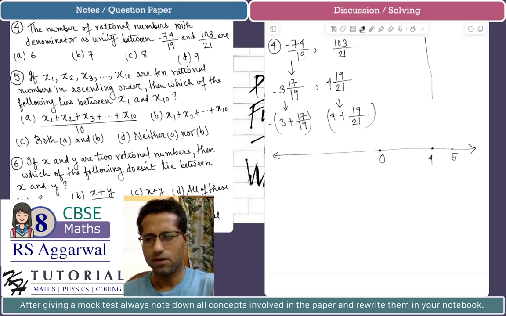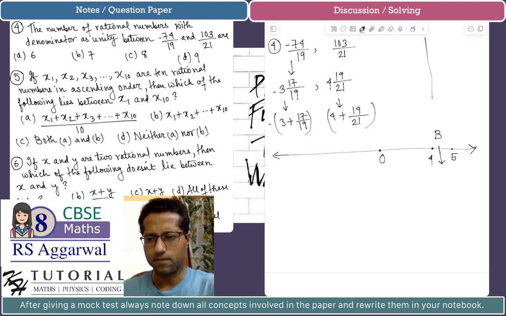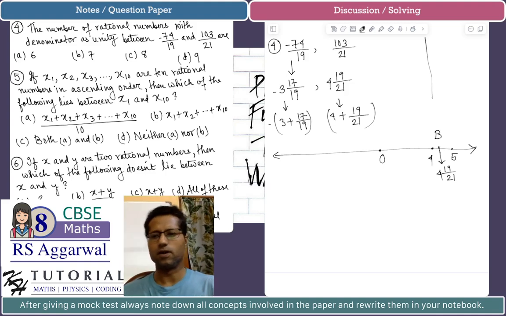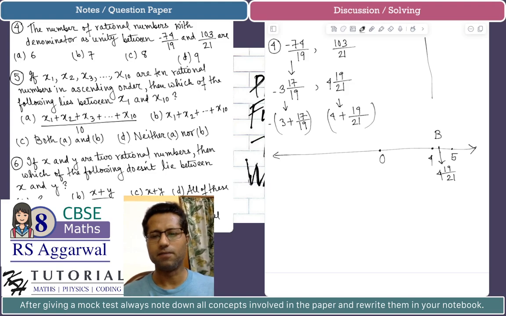The point B is representing this number, 4 and 19/21, located somewhere between 4 and 5.